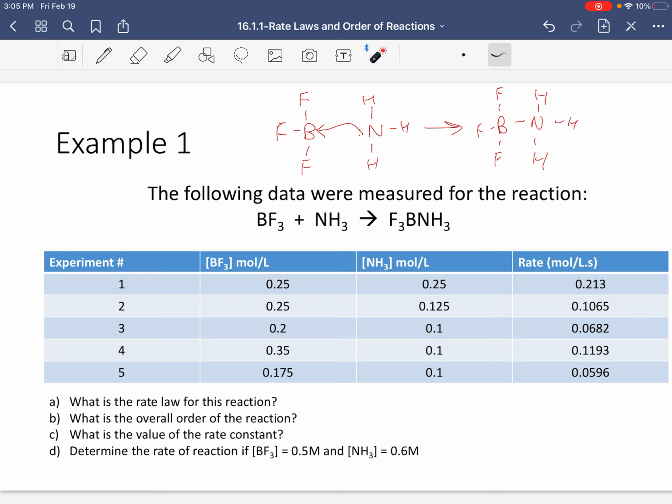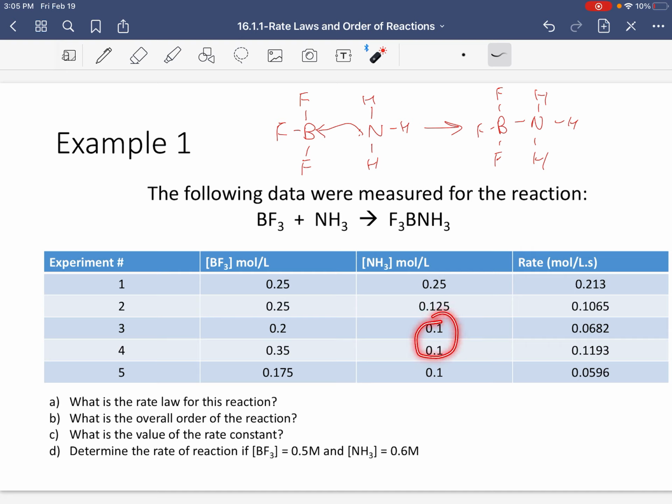Wow, that's cool. But we can't figure out a rate law just by that. We have to do more. And that's experiment 3 and 4. What we did with experiment 3 and 4 is that now we kept NH3 the same.